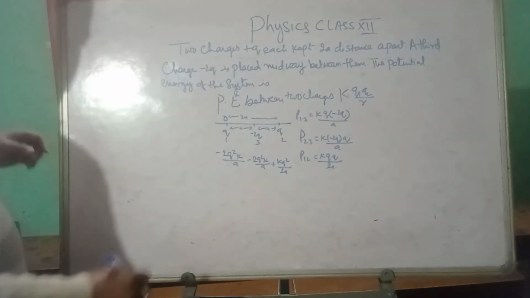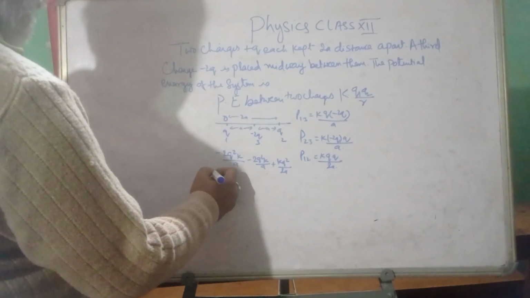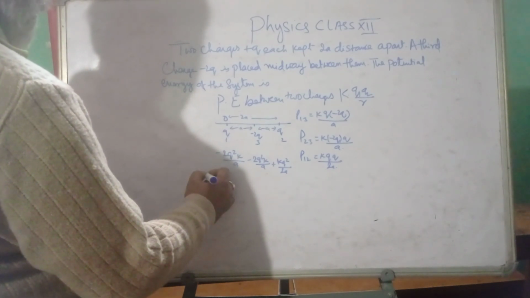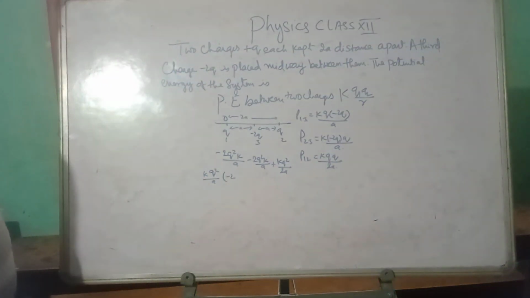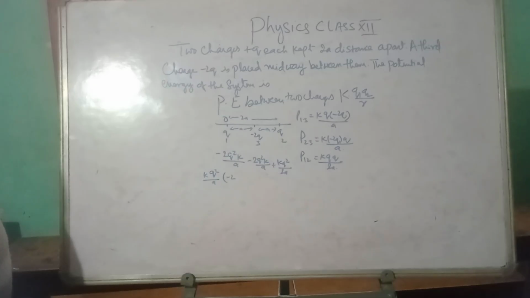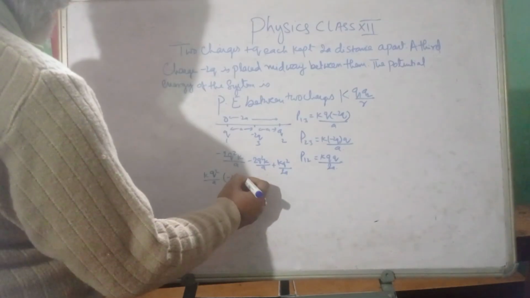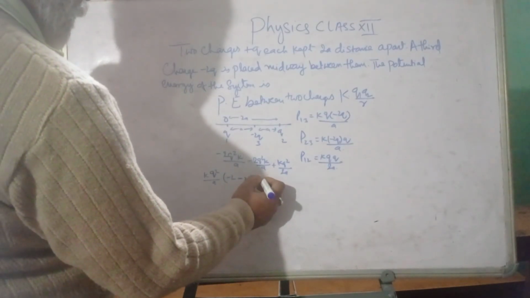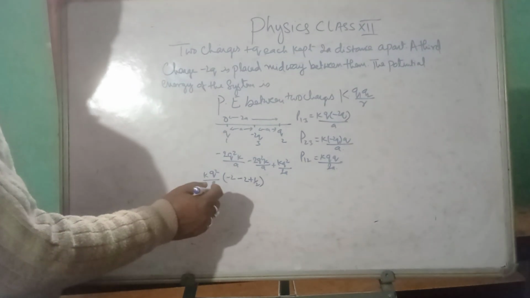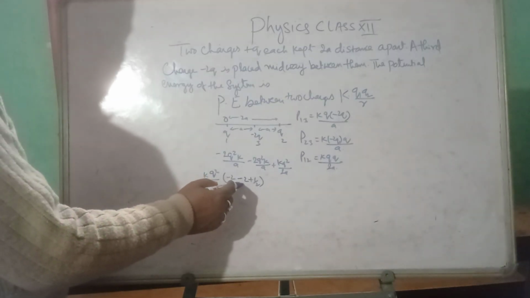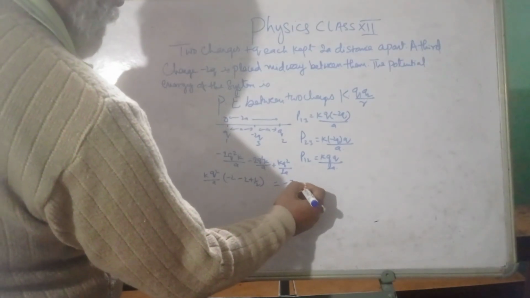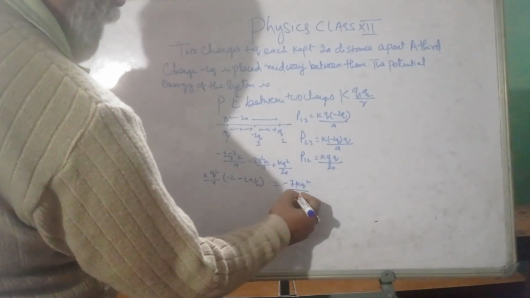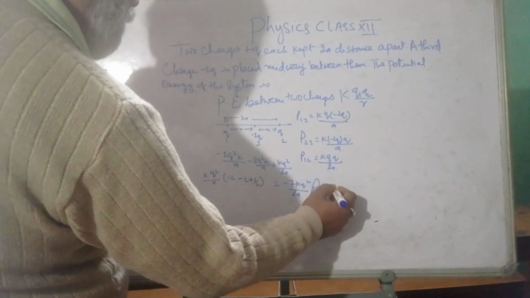So what you are going to get here is that k q square by a is your constant, times minus 2 minus 2 plus half. So this will be how much? Minus 4, minus 4, minus 8, plus 1, that is minus 7. So your answer will be minus 7 k q square by 2a. This is your answer.